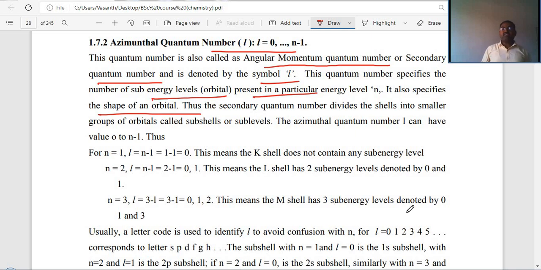Thus, the secondary quantum number divides the shells into smaller groups of orbitals called subshells or sublevels. The azimuthal quantum number L can have the values 0 to n minus 1.